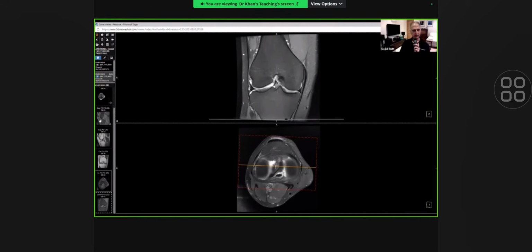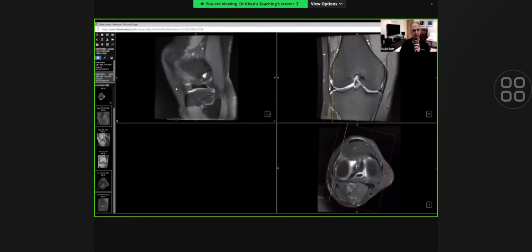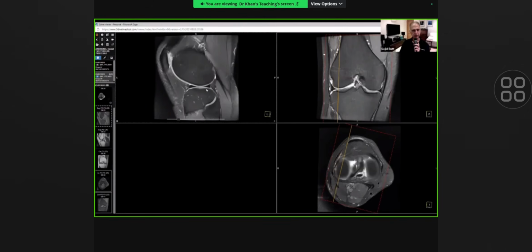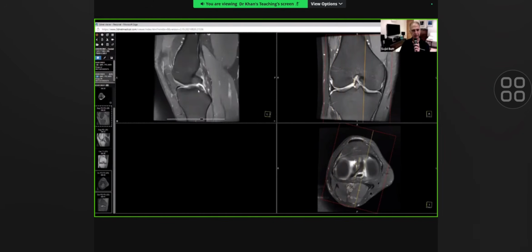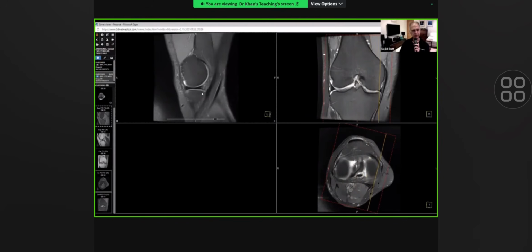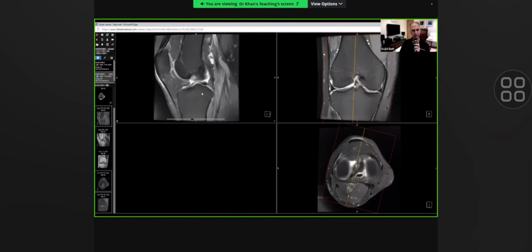If you look at the sagittal imaging, we can see bow tie, and we can see normal meniscal morphology, and we can see no attenuation or missing meniscal fragments. So that thing which we saw in the intercondylar notch, it's just getting lost here. It's probably just around there. Is a normal oblique menisco-meniscal ligament. I thought it'll be a nice one for you guys to see as a normal variant.